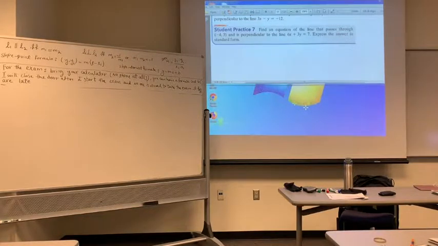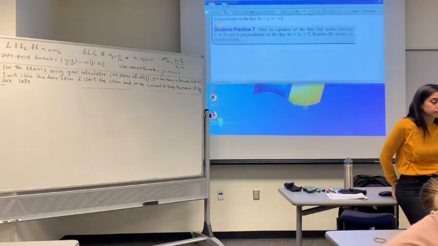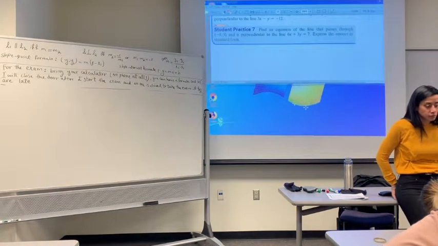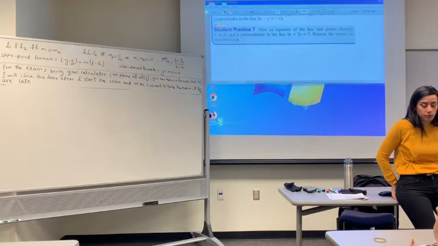Then you should get rid of this fraction here. You will have 2y plus 1x equals 10, right? The standard form. Yeah. Oh, why did you do that? It was good at that point. Okay, good.